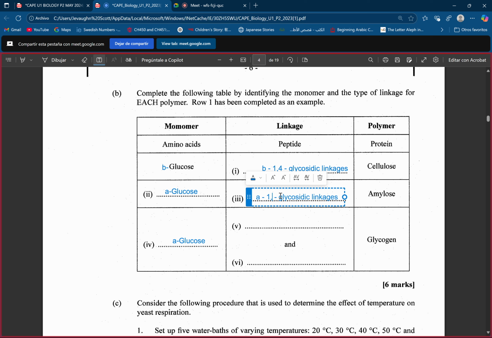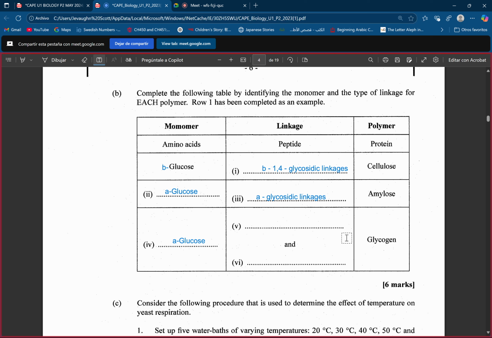So really it's alpha glycosidic linkages. Because for amylose there are going to be branches every 20 or so linkages, but glycogen is more branched. Alright?